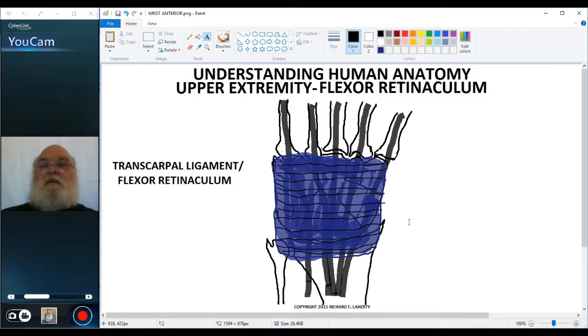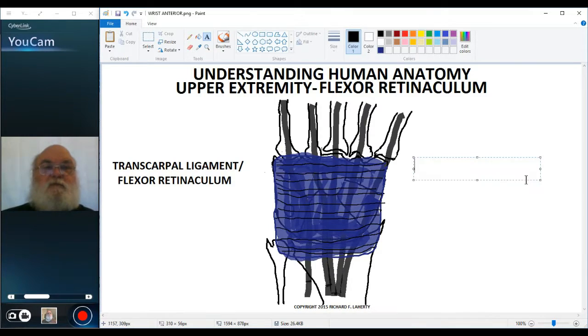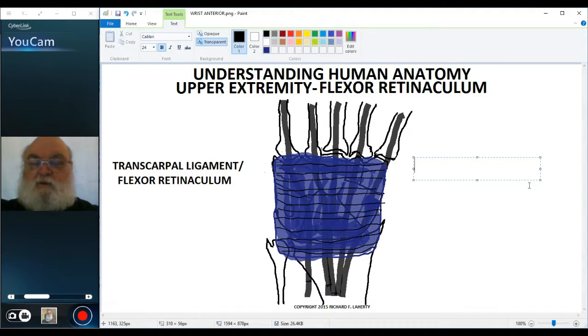Now, what this does is create a tunnel, and this tunnel is called the carpal tunnel. And not only do the tendons pass through this tunnel, but arteries, veins, and nerves pass through this tunnel as well.